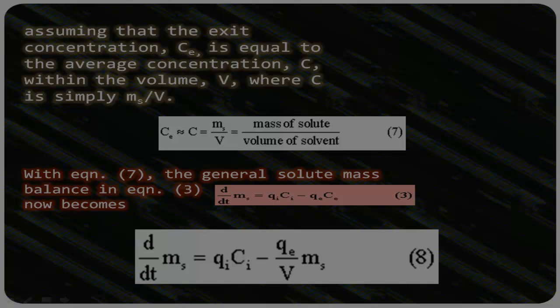Although there are a number of ways to do this, the easiest and most common method is the so-called well-mixed or continuously stirred approximation. This modeling technique assumes that the exit concentration Ce is equal to the average concentration C within the volume V, where C is simply Ms over V. This assumption occurs naturally in many problems with turbulent flow or with direct stirring of a mixture by mechanical means, and it is quite often a very good approximation.